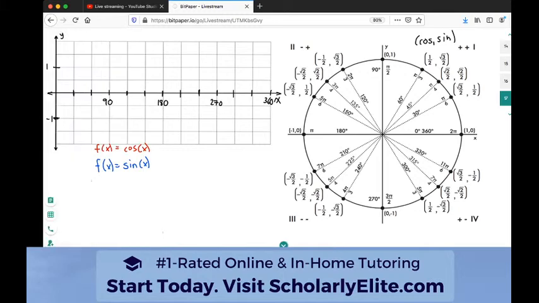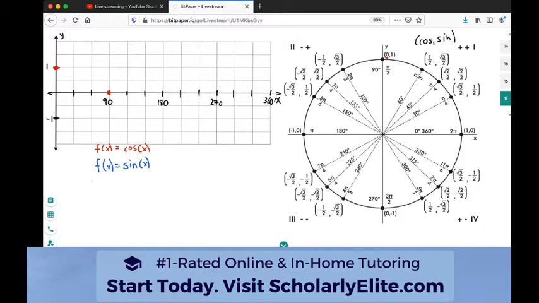So let's look here. The cosine of 0 degrees is 1. So I'm going to put that right here. Next, I'm going to take a look at the cosine of 90 degrees, which we can see here is 0. So my y value is going to be 0.